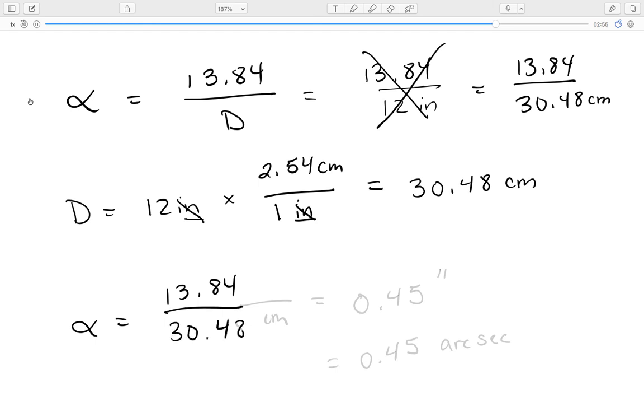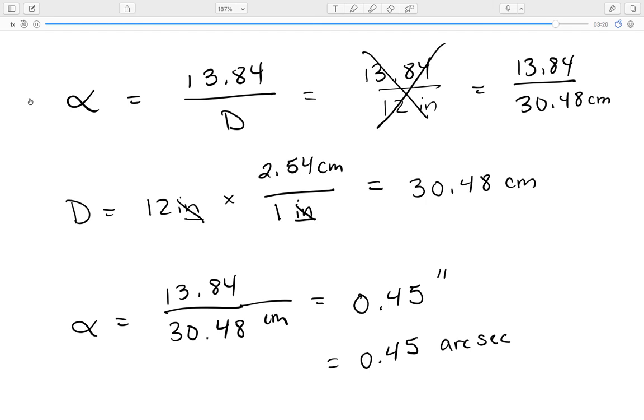So I'll rewrite it just to be clear. If you plug this into your calculator, you'll find the answer is 0.45, and the units for angular resolution are arc seconds, which remember we often write with the double slash. But if you prefer, you can always write it out in letters as well.